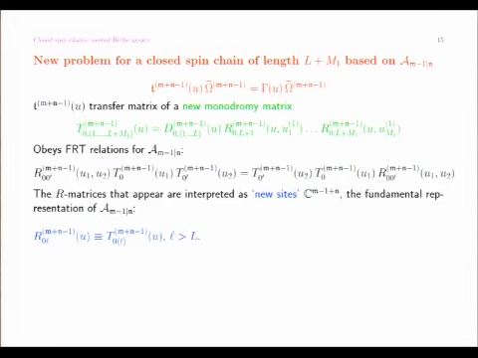And of course, you interpret these R matrices as new sites for this new chain, and you are allowed to do that because, in fact, this R matrix is just a monodromy matrix with one site for the algebra.